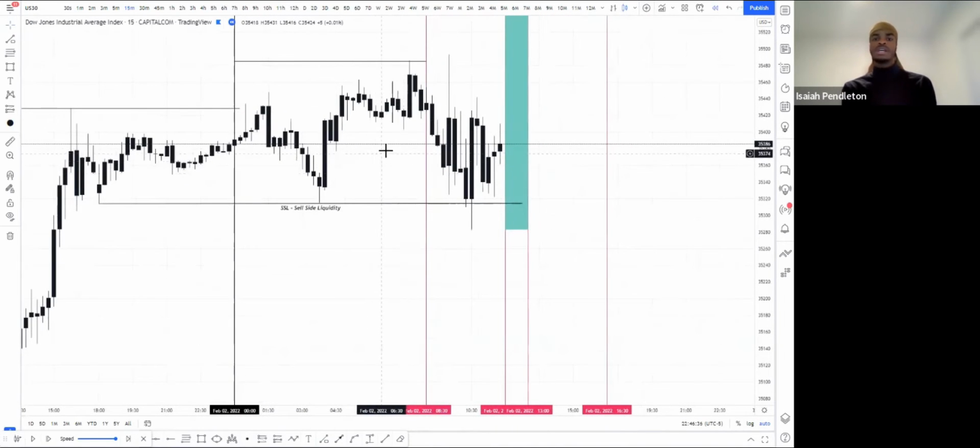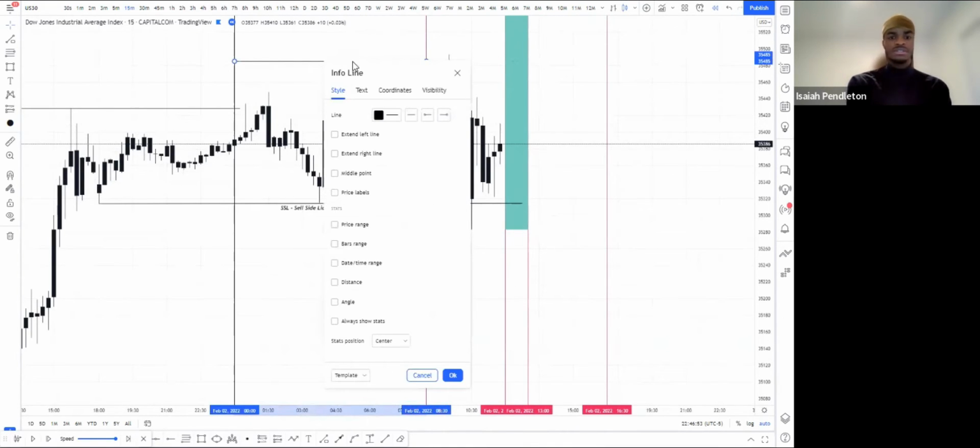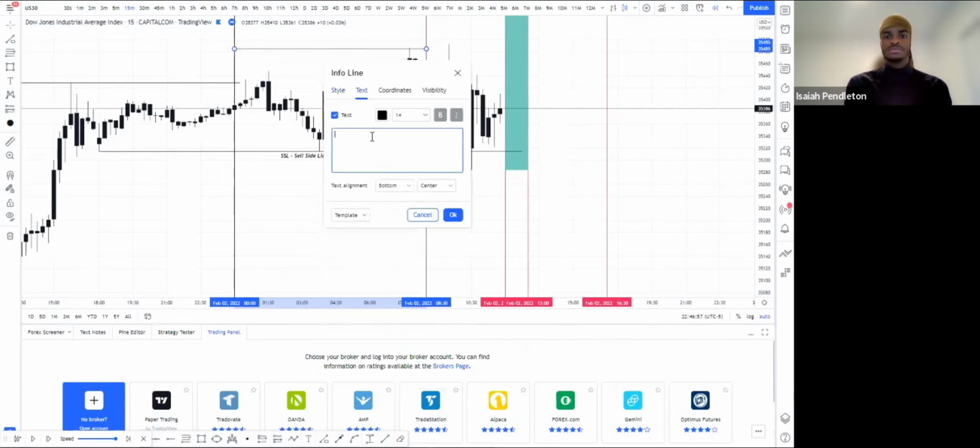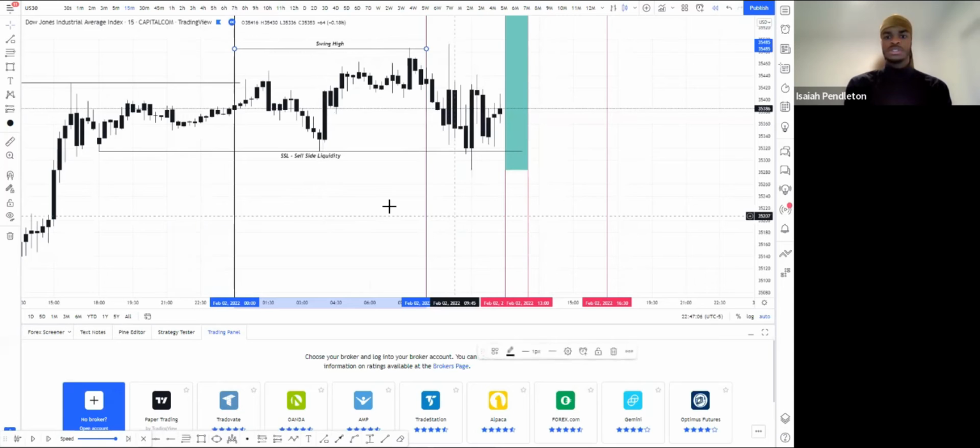Okay. So right after that, we have this move that came up after the 8:30 news time, and that was just a small move. So this was hit first. So the swing high is the first one to be hit.